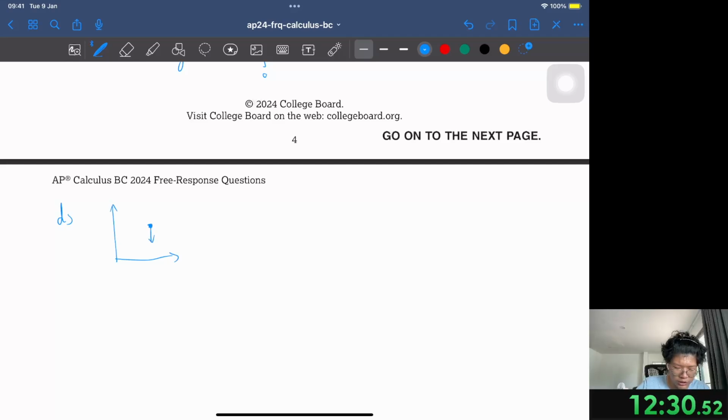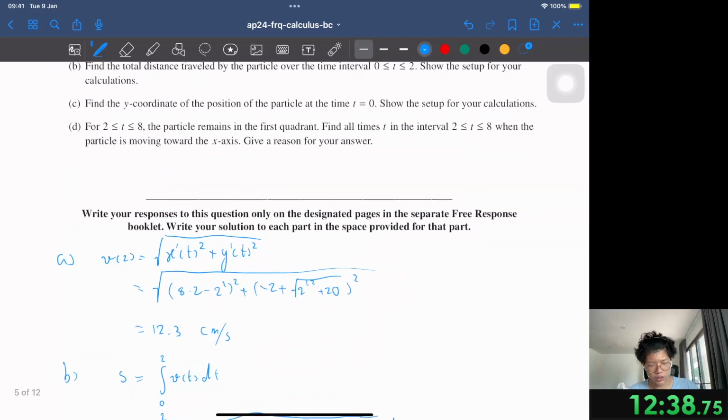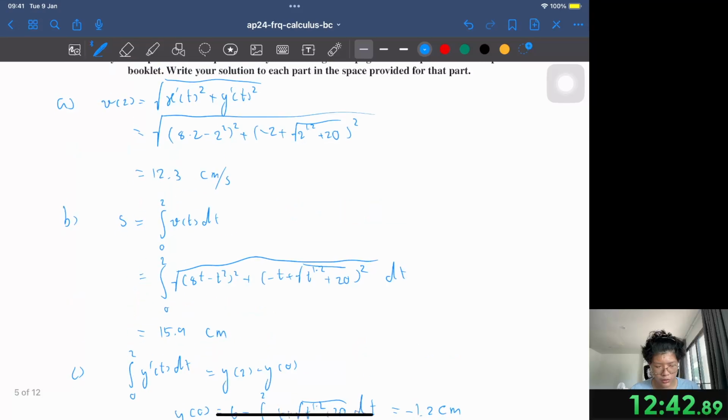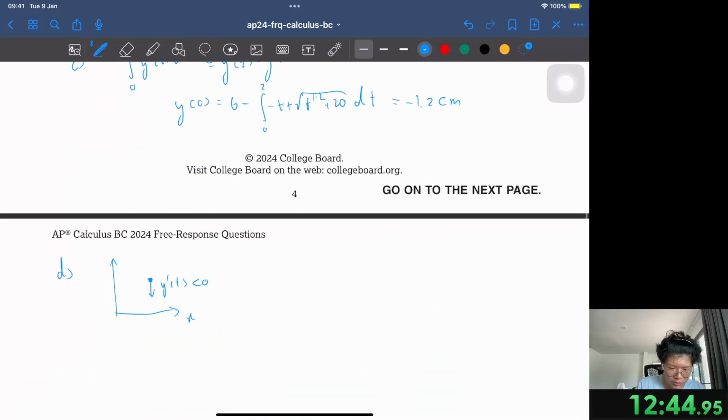Moving toward the x-axis means y prime is negative. So you'll have to find the range of t where y prime is negative. We know that y prime is the square root of t to the 1.2 plus 20, and then minus t has to be negative.